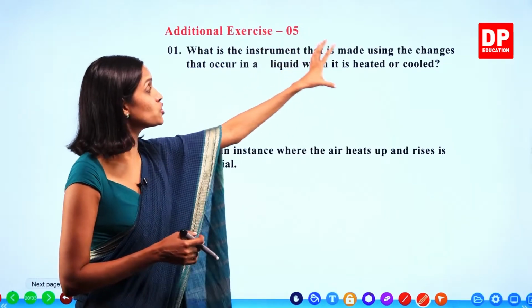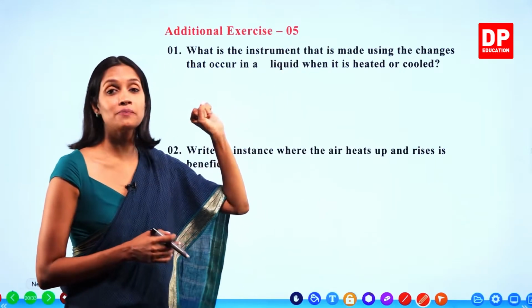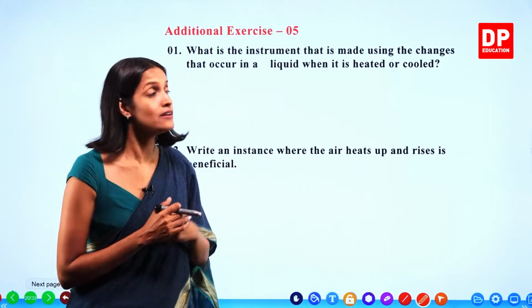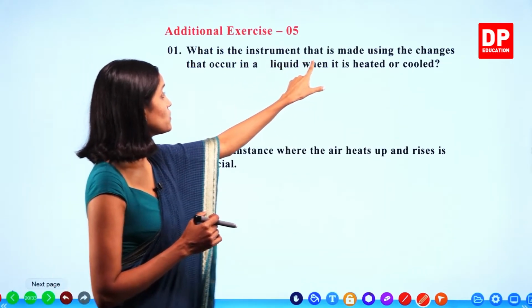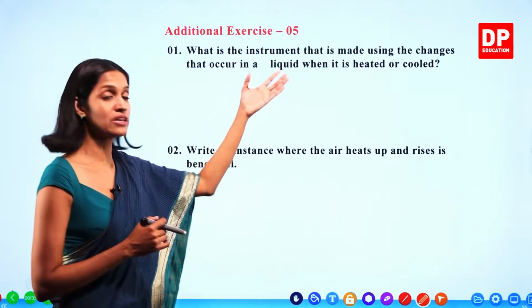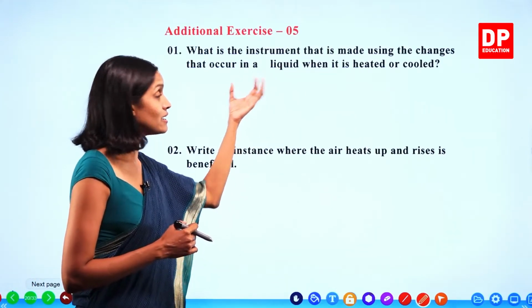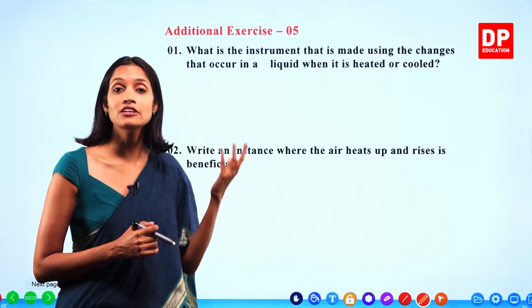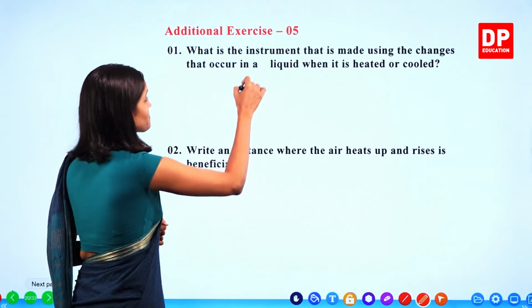Because of the low temperature, it contracts. Using this theory, what is the instrument that is made using the changes that occur because of expansion or contraction of liquids? What is the instrument made? Thermometer.